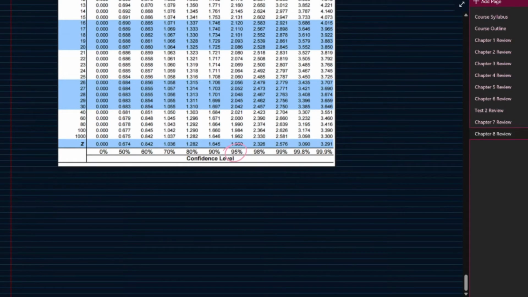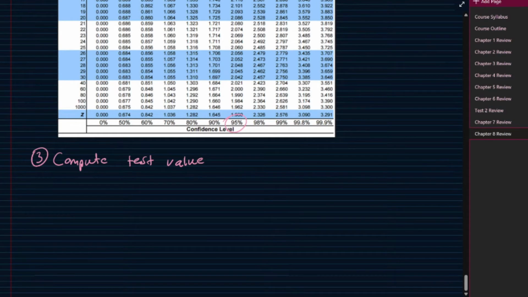Let's now compute our test value. Since sigma is unknown, we use the t formula: x bar minus mu over s divided by square root of n. Identifying all this information, what do we get? Mu in this case, we're assuming to be 16.3.